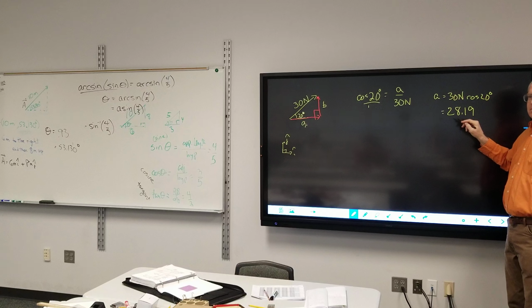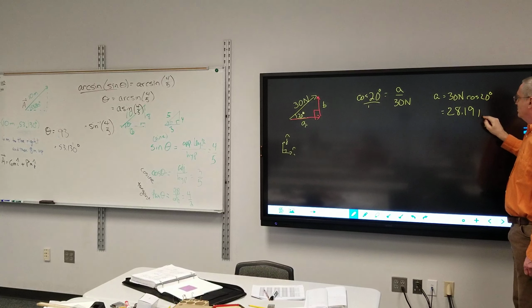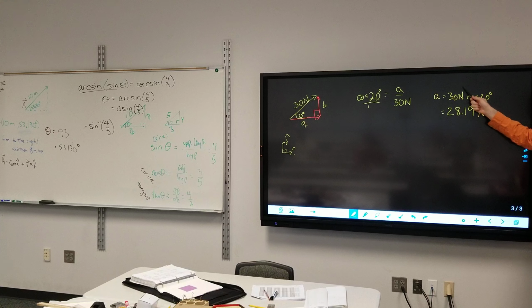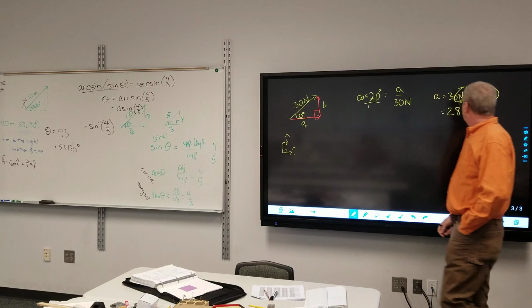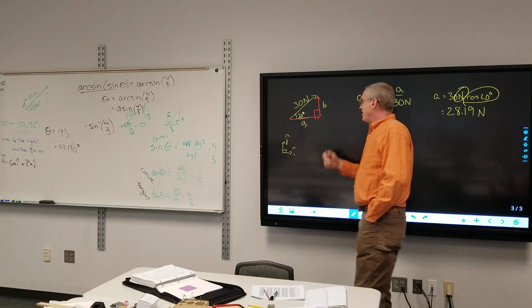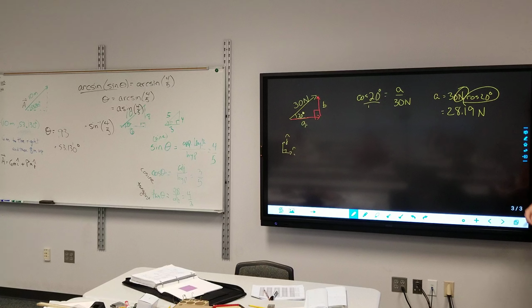Why are we finding degrees? Or not? Okay, it's newtons. Yeah. I got my unit right there. Cosine of 20 degrees is just a ratio of sides. It doesn't have units. Unless you really want to do something funky, but I recommend against it. So then my horizontal component is 28.19 newtons.